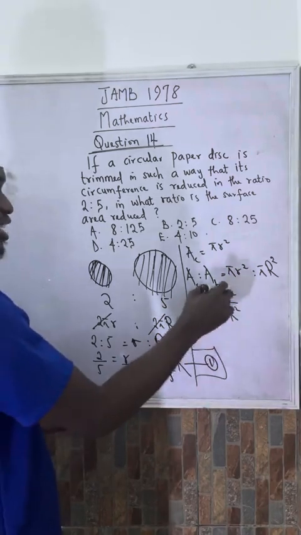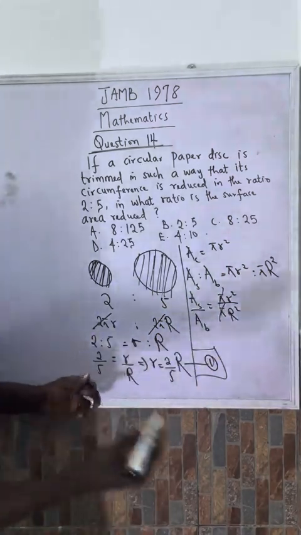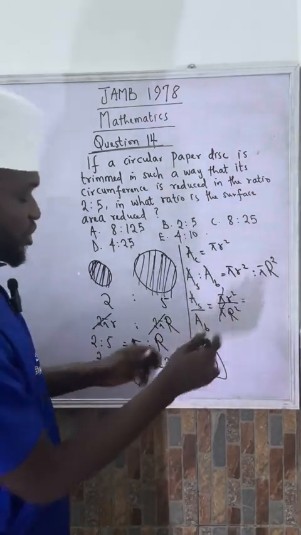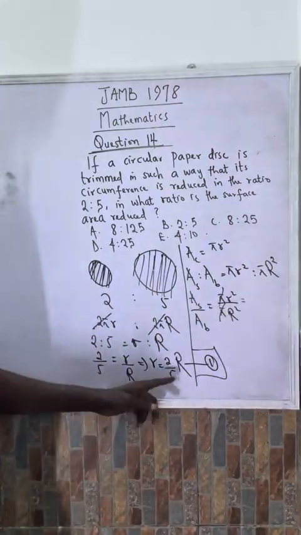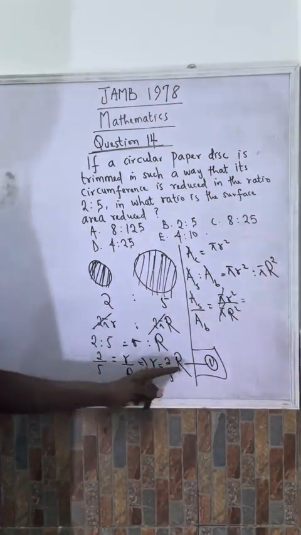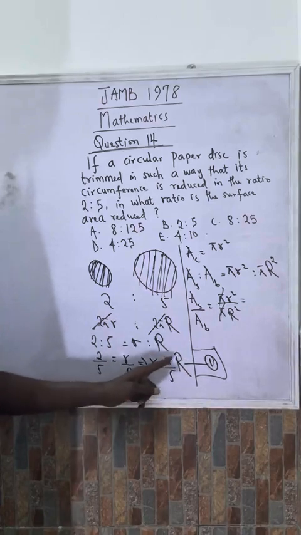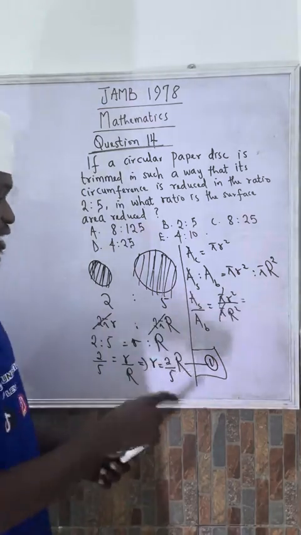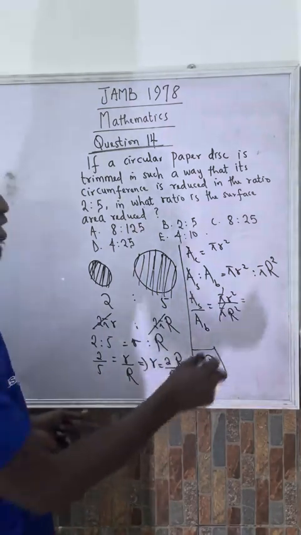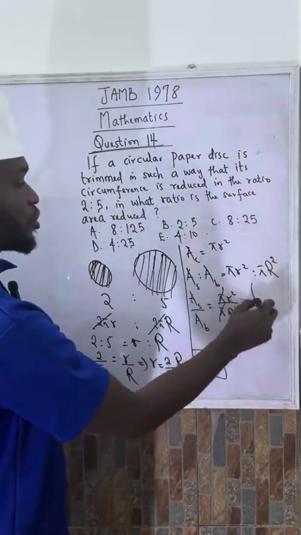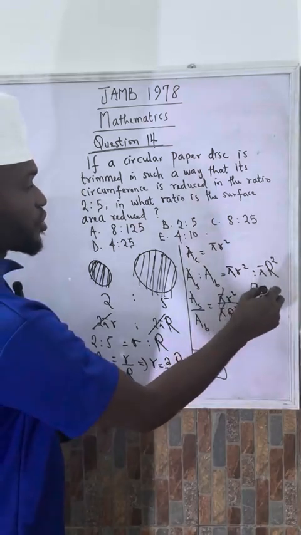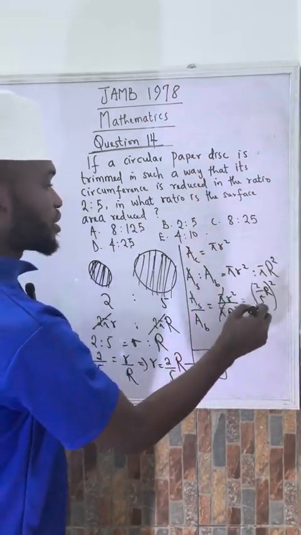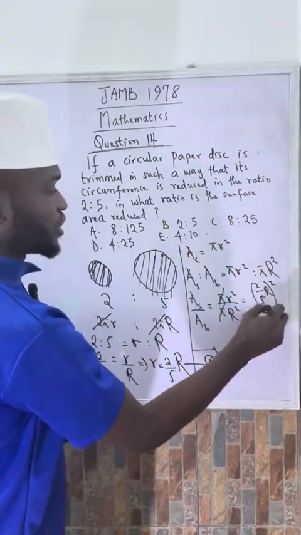First of all, π cancels π. But going back to equation 1, we know that small r is equal to 2/5 R. So anywhere I see small r, I can simply put 2/5 R. So this will be (2/5 R) all squared divided by R squared.